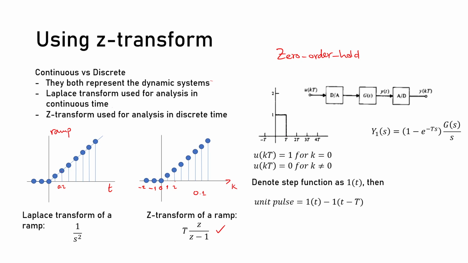It's called a unit pulse. If you look at it clearly, well, I complete the drawing. Actually, it's 0 from here, and then it jumps to 1 here, and then it jumps back to 0 here.